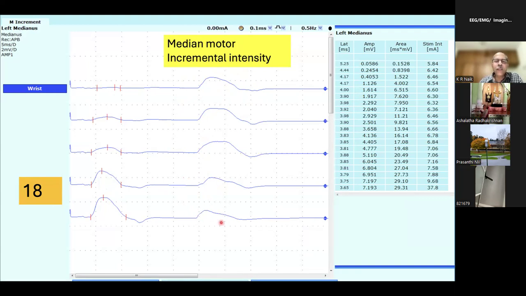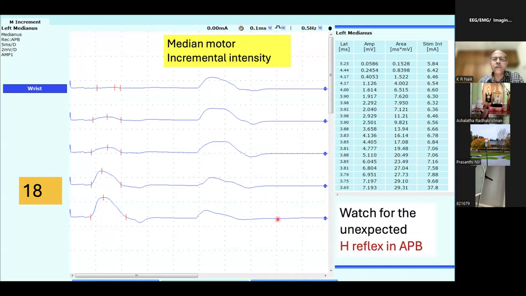This person had a CV junction anomaly; this person did not have MND. The patient had a CV junction anomaly, a high cervical cord lesion, and hemorrhage in the cord due to vasculopathy of the spinal cord. So H reflex can be elicited in the upper limbs also. FCR is supposed to be the classical site, but if you are careful, you will be able to demonstrate this.